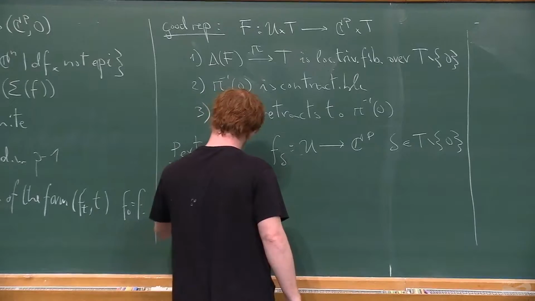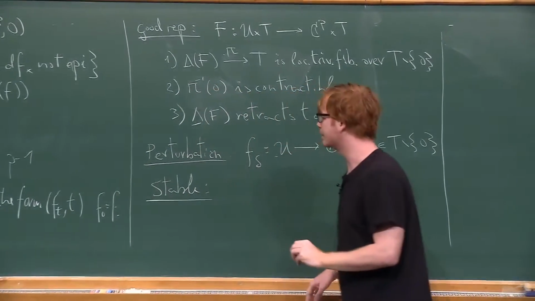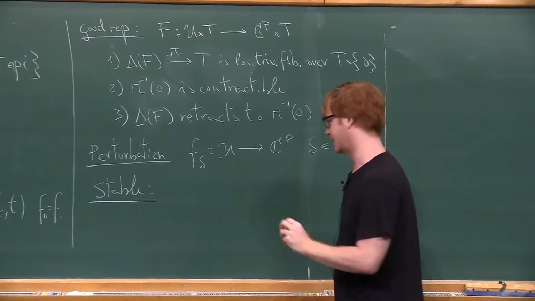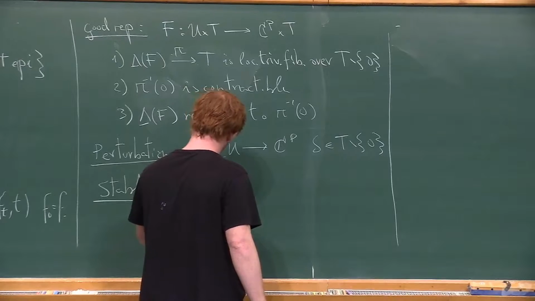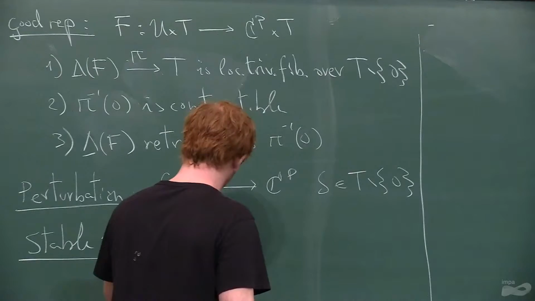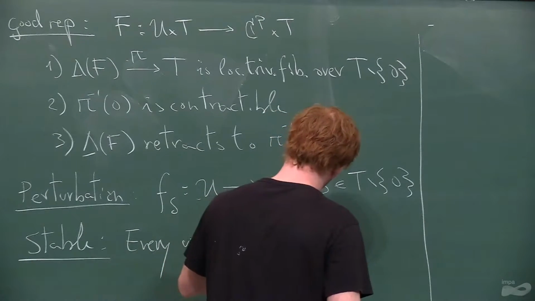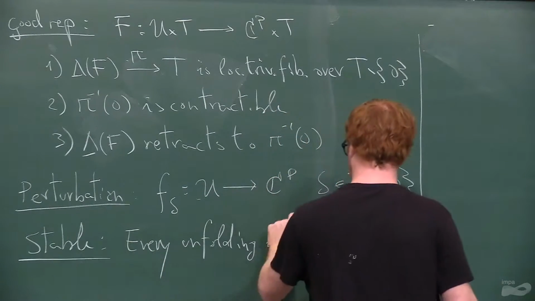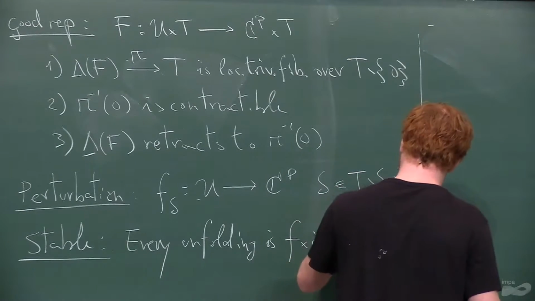So what is a stable map germ? I'm going to skip some details, but stable means that every unfolding is the trivial unfolding after changes of coordinates.